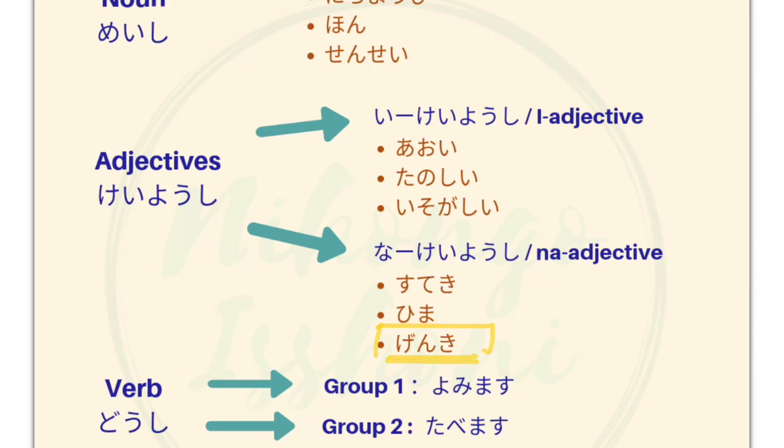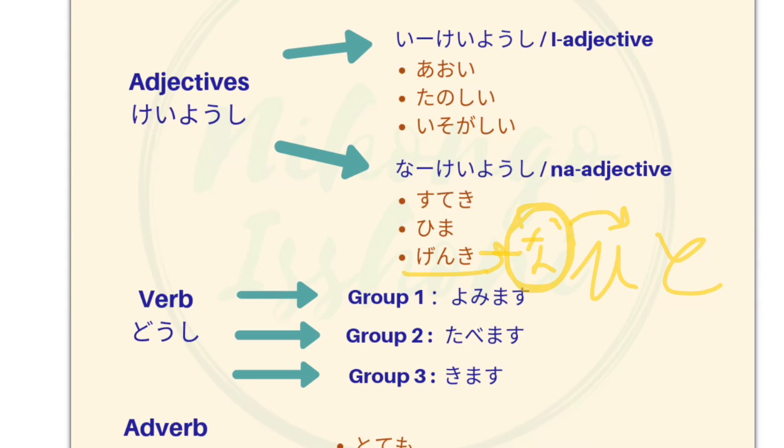Suppose we use the word genki, which means healthy, and hito is a person, right? We always use it as genki na hito. Attach the word na to the na-adjectives.